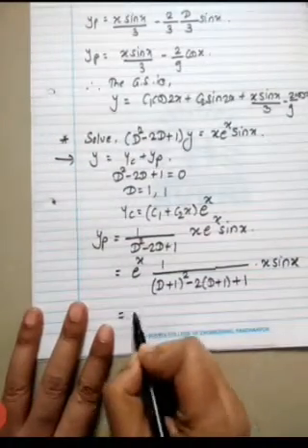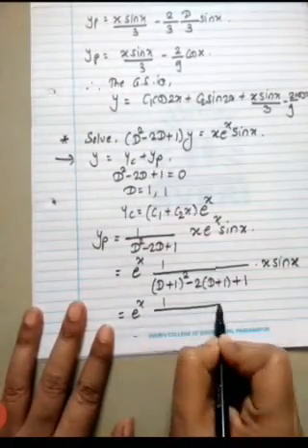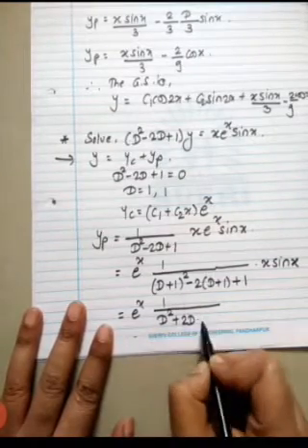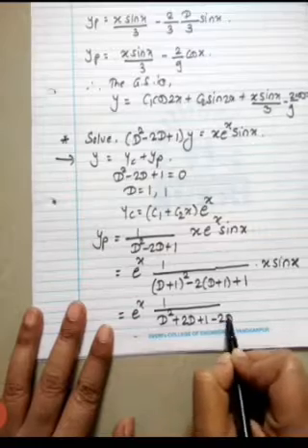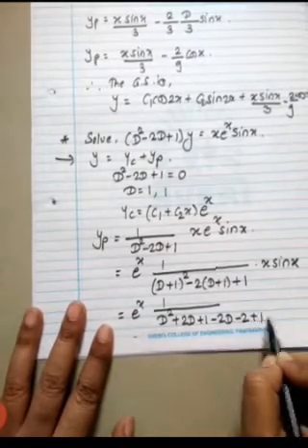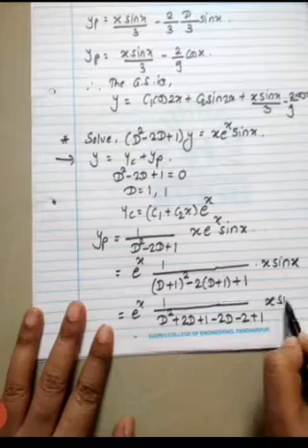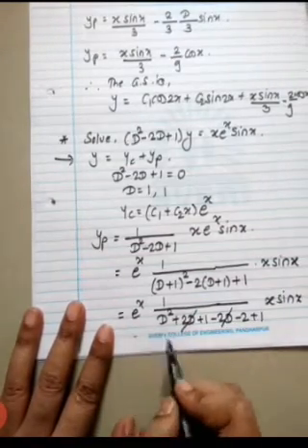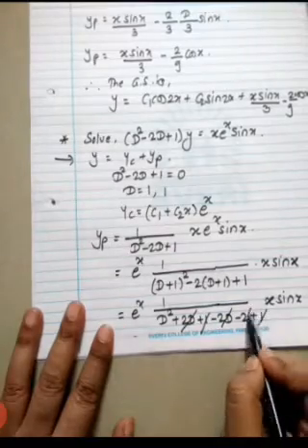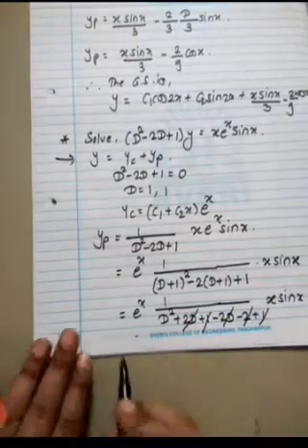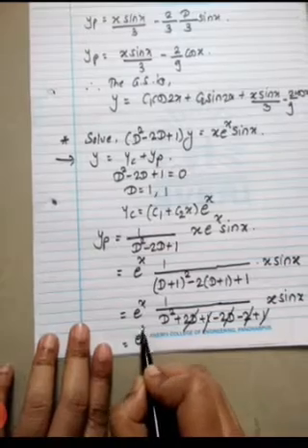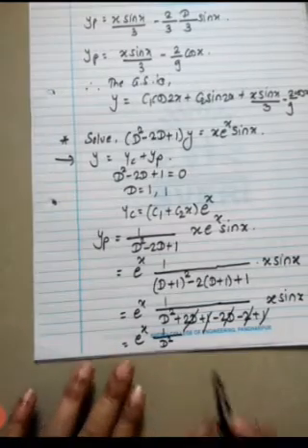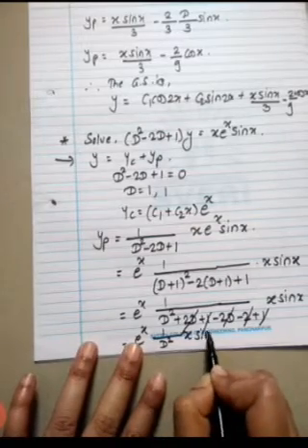So it is e raised to x into 1 upon D square plus 2D plus 1 minus 2D minus 2 plus 1 of x sin x. 2D minus 2D cancel. 1 plus 1, 2 minus 2 cancel. Sometimes it is better that we apply previous knowledge. So it is 1 upon D square x sin x.